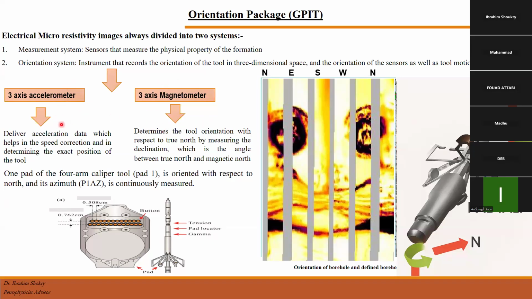This acceleration determines the exact position of your tool inside your well, while the three-axis magnetometer, roughly speaking, looks like your compass, to determine your magnetic north and magnetic declination, and then determine your tool orientation relative to the true north.